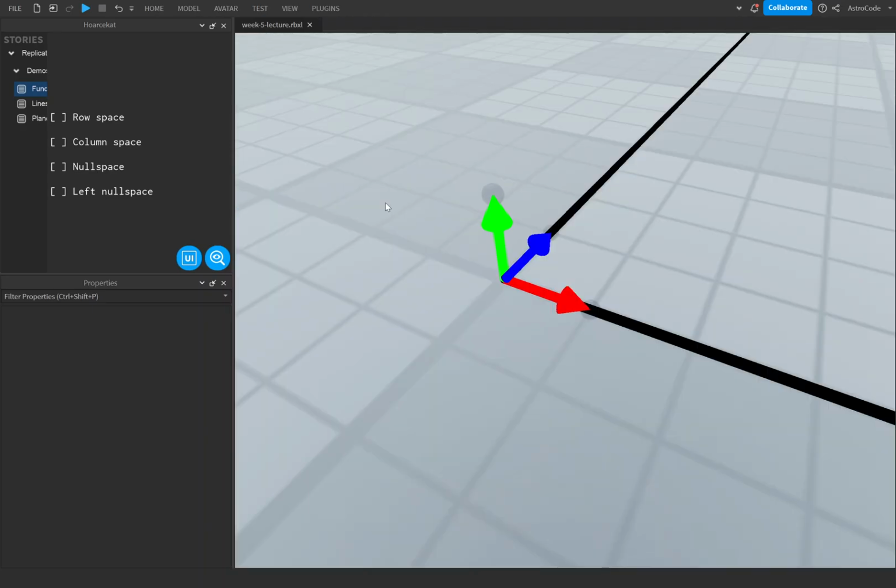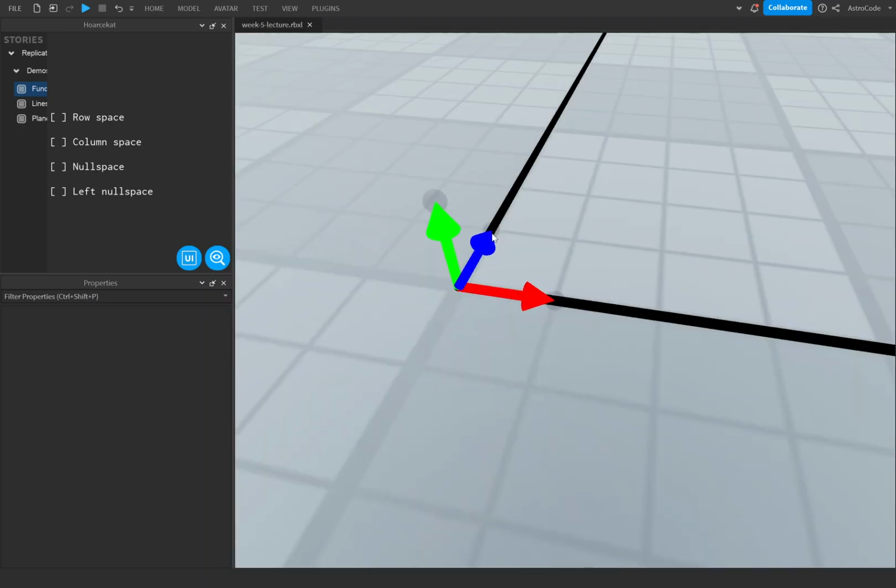We could also do this, and now our null space is this diagonal line. It's kind of amusing, I think, to play around with this and figure out why this is the null space. All right, do we have any questions about this?